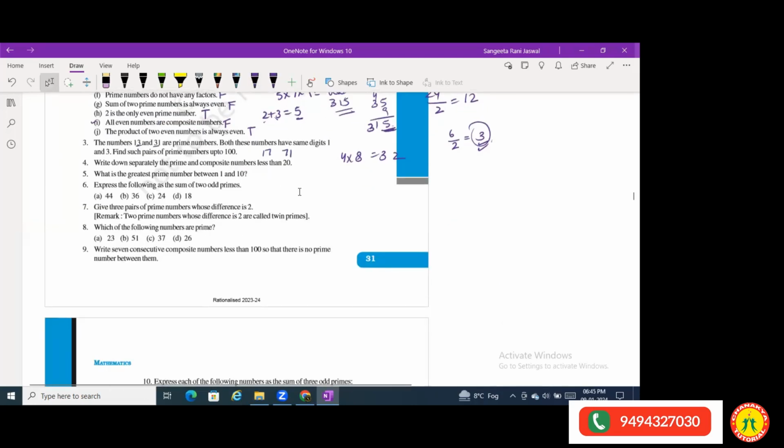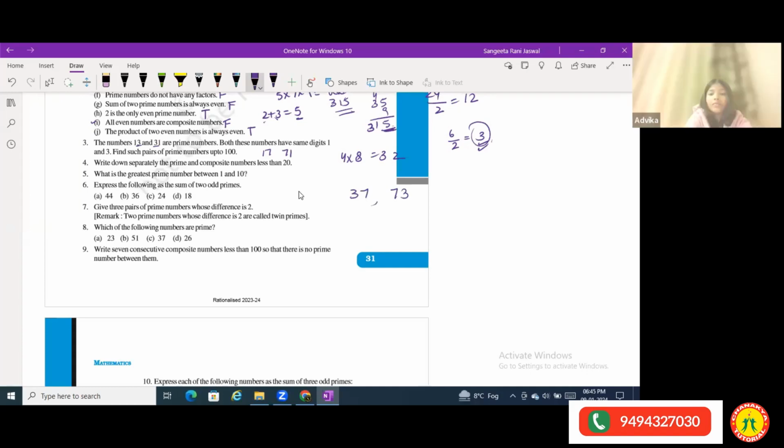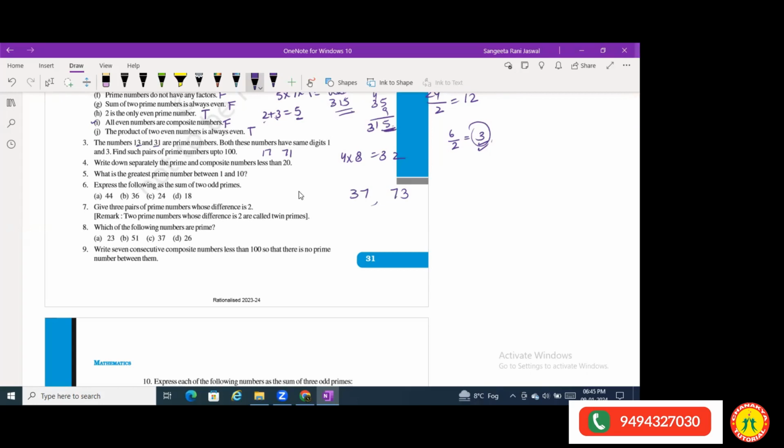Yes, ma'am, just a minute. See, like 17 and 71. 17 is also prime, 71 is also prime. And what else? 37, 73. 79 and 97. You can see all the prime numbers between 1 and 100.